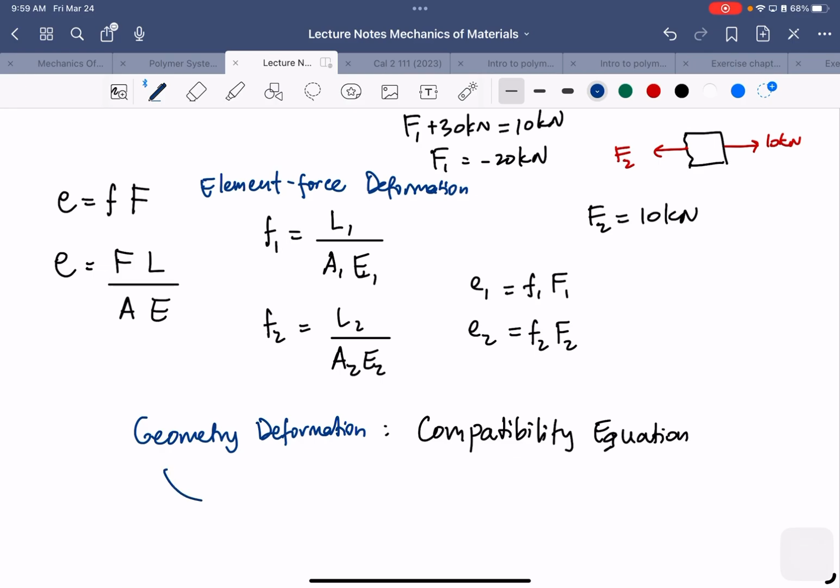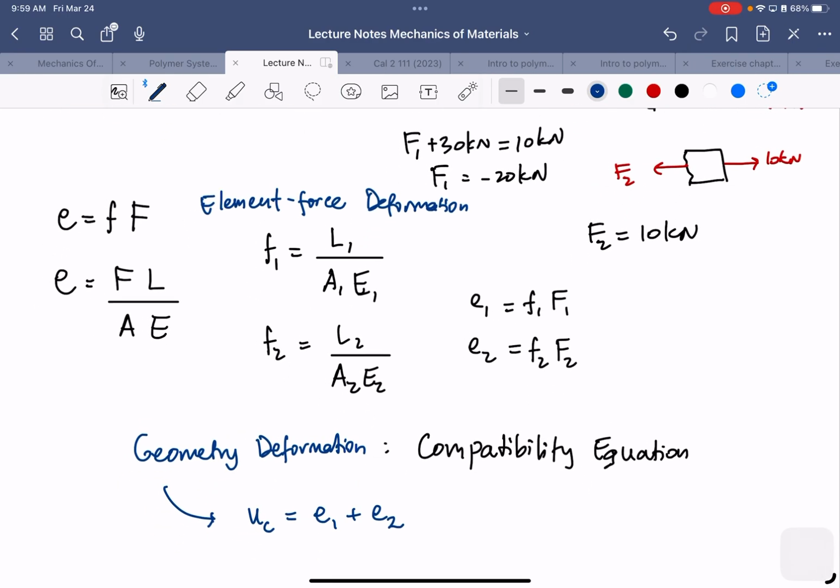So we can write down some equations that relate these to the elongations. So we could write delta C is delta 1 plus delta 2. Okay, I think we are going to complete this next Tuesday.